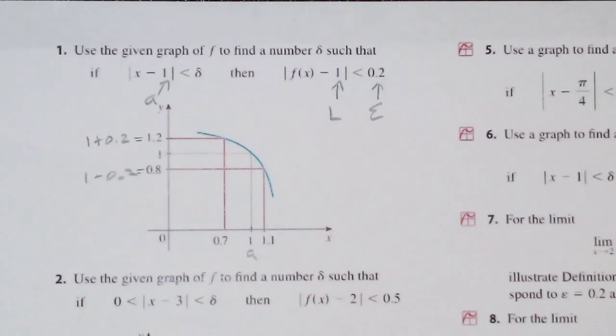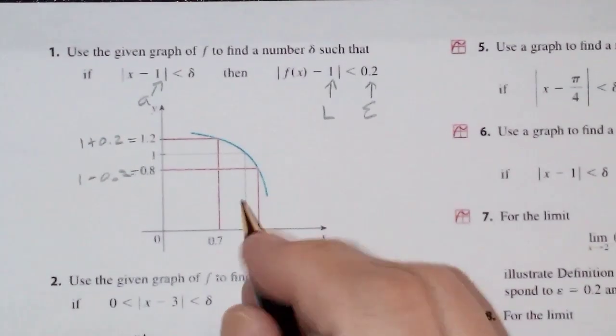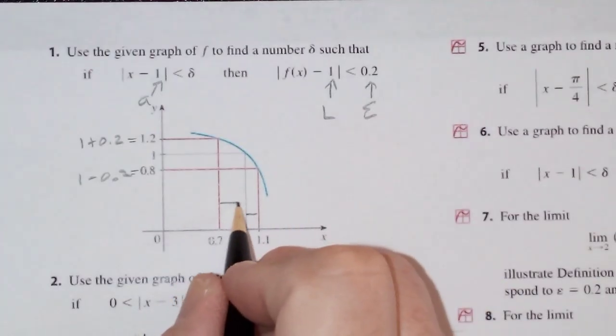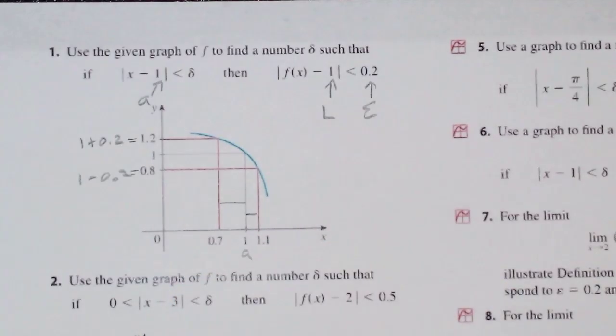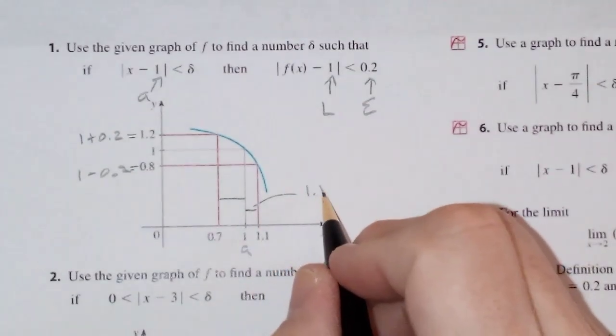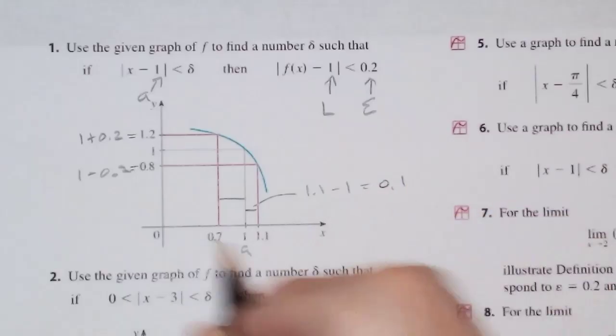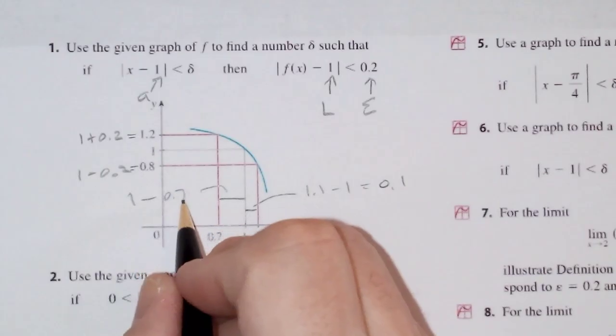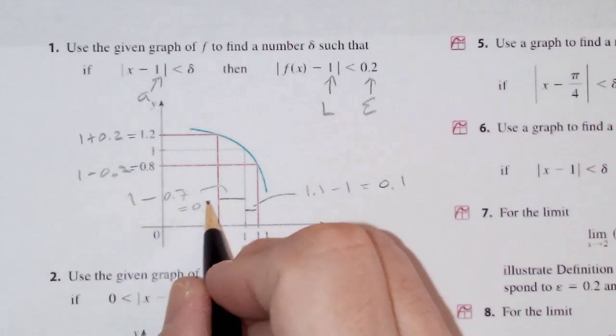So that means that the distance from here to here is smaller than the distance from here to here. We can just compute both of them and then pick whichever one is smaller. This 1.1 minus 1 is 0.1. This 1 minus 0.7 is 0.3.